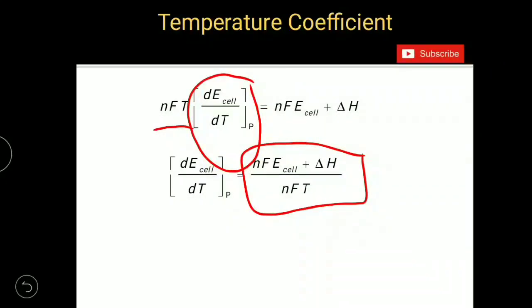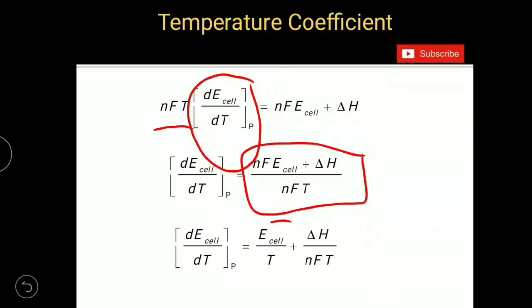This equation can be written as temperature coefficient is equal to E cell by T plus delta H by nFT.